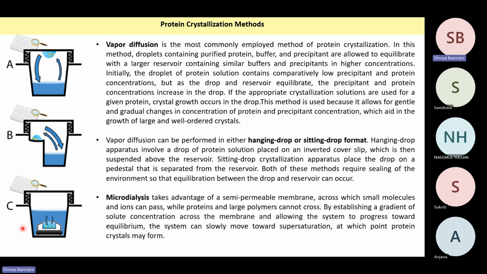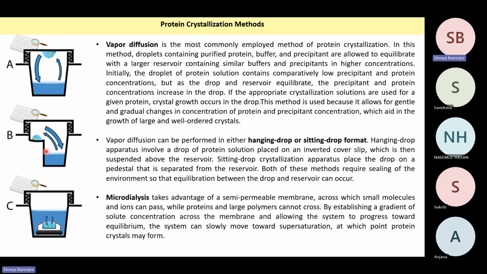Another method is microdialysis, where you can see here the solution of protein, buffer, precipitant, everything is taken in a semi-permeable membrane. Across this semi-permeable membrane, small molecules and ions can pass, but proteins cannot pass. Here it is the opposite.